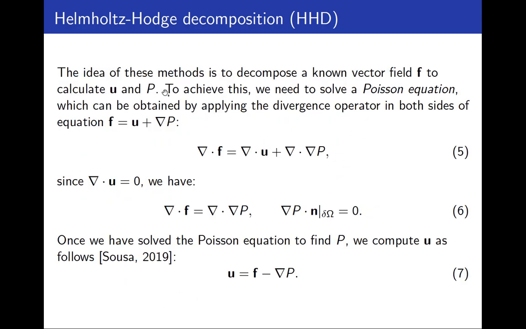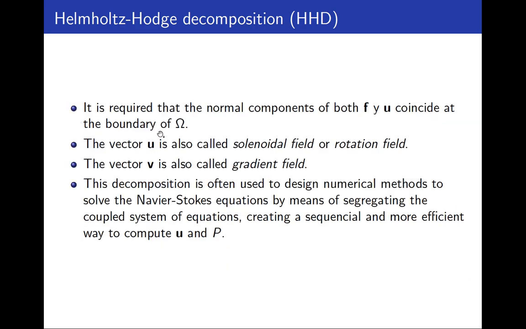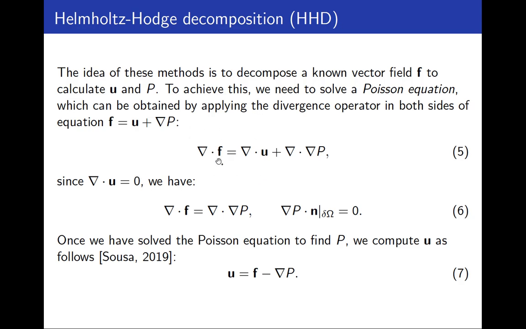To achieve this, we need to solve a Poisson equation, which can be obtained by applying the divergence operator to both sides of this equation, equation 4. So we will end up having this equation.